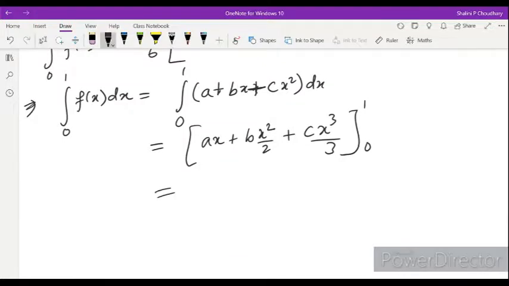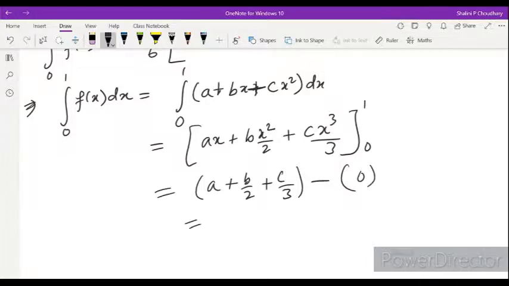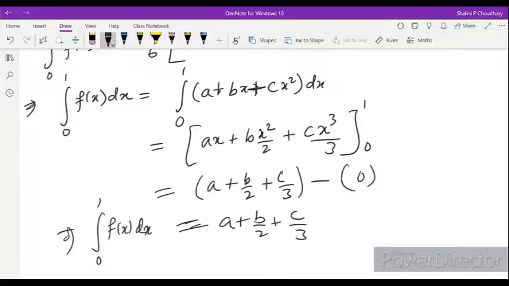First of all, we'll put 1, so it will be a plus b upon 2 plus c upon 3. Now we'll put 0. All terms have x, so all will become 0. So the value of the integral from 0 to 1 of fx dx that we are getting is a plus b upon 2 plus c upon 3.